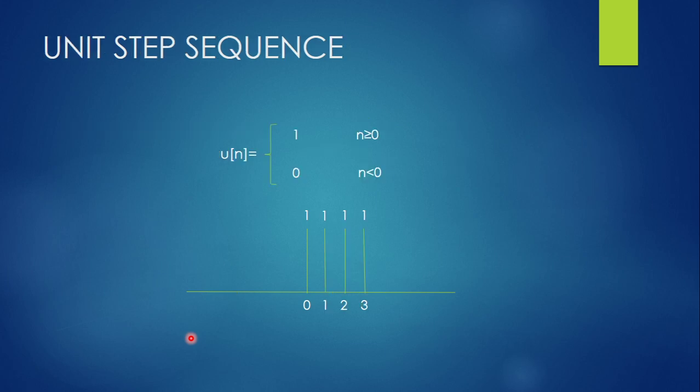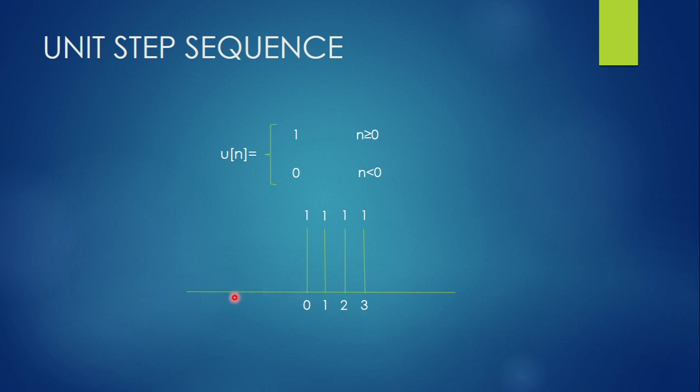Unit step sequence. In unit step sequence, we have all ones for the values of n that are positive. For n equal to 0, 1, 2, 3, 4, 5, 6, this sequence has a value of 1. For any negative values of n, it has 0 values.